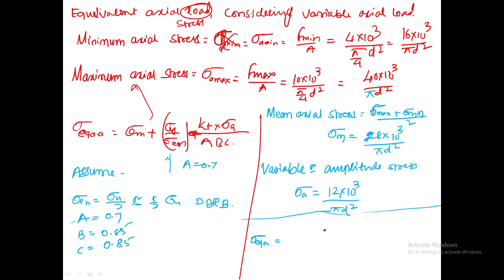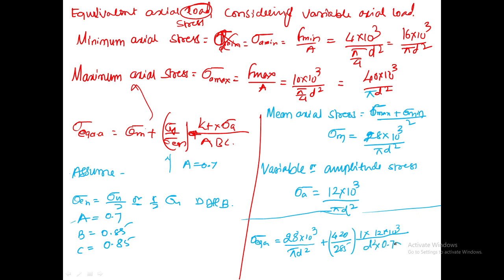Now, you substitute: sigma m is 28 into 10 to the power of 3 divided by pi d square, right, plus sigma y is 420, sigma En is 285, right, into 1, sigma a is 12 into 10 to the power of 3 divided by d square.